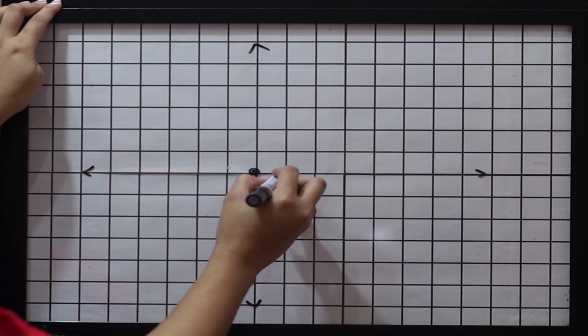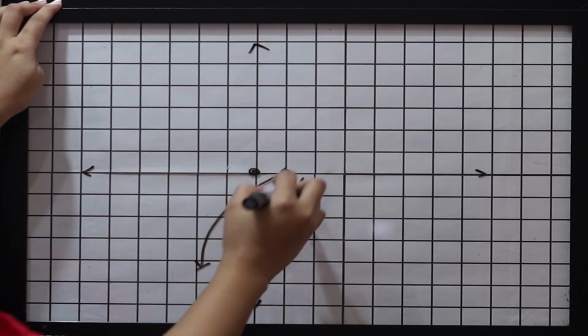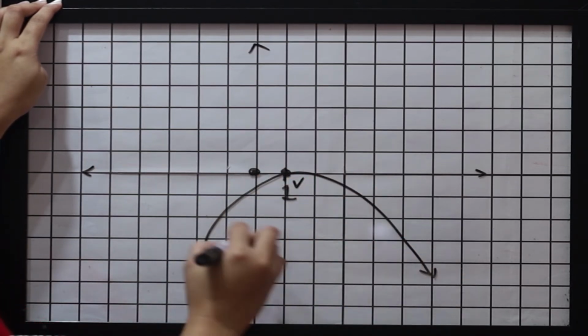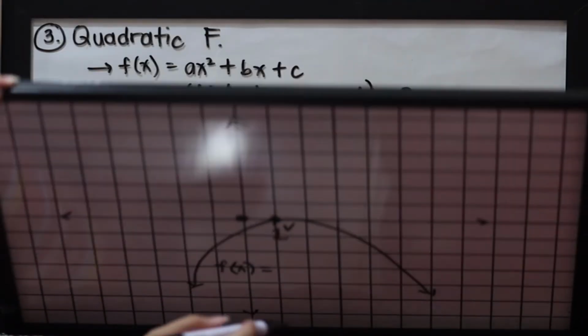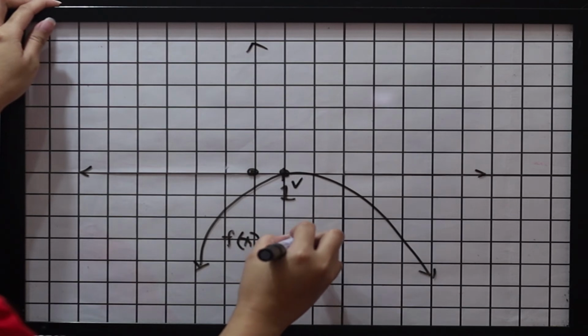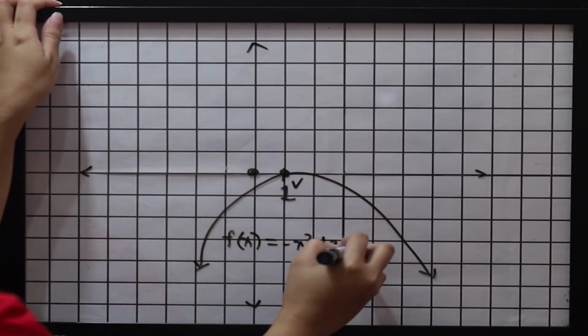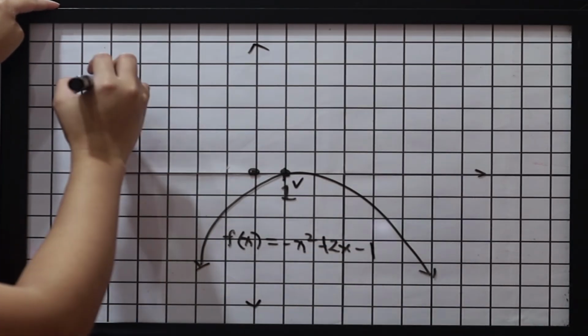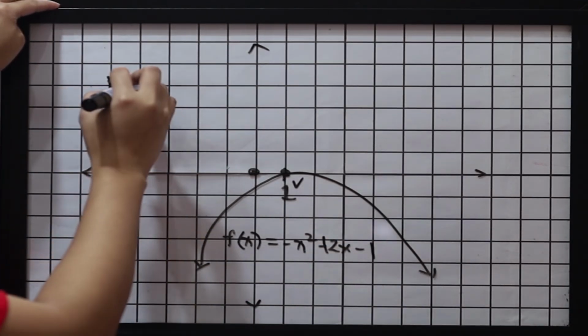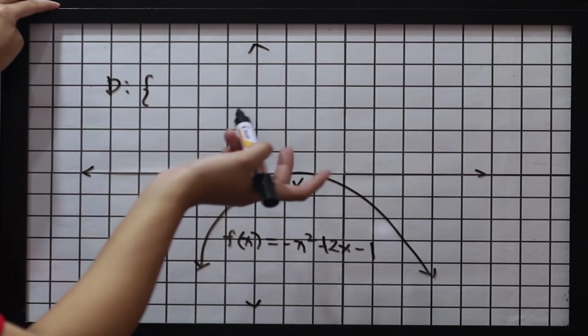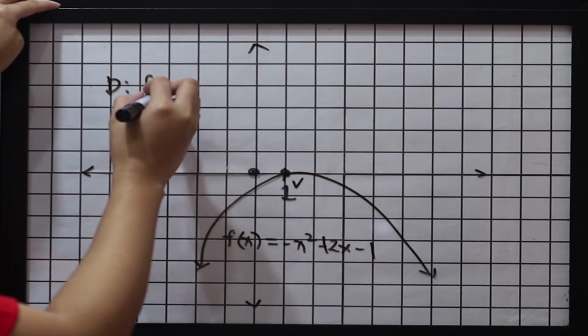So from here, all you have to do is draw a parabola that opens downward. So this is the graph for the function negative x squared plus 2x minus 1.